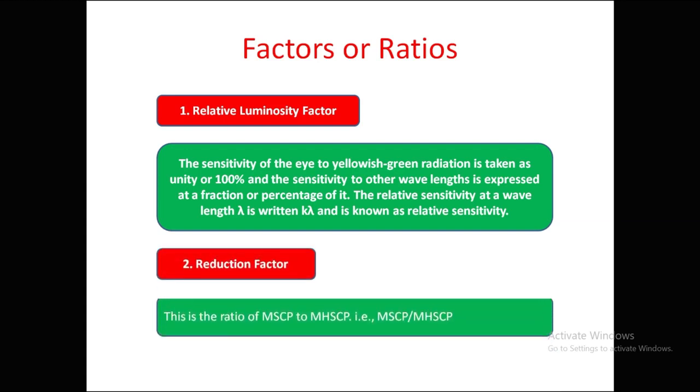Next, what is meant by reduction factor? This is the ratio of MSCP to MHSCP, that is MSCP by MHSCP. So that is called reduction factor. What is MSCP? Mean spherical candle power to mean hemispherical candle power.